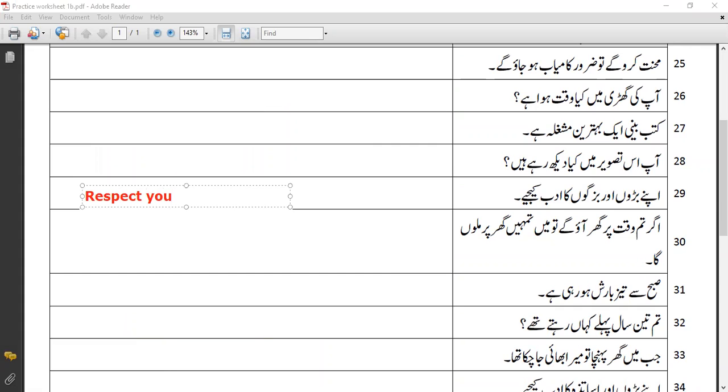Respect your बड़ों can be elders, okay, or respect your seniors and elders. Respect your seniors and elders. Any other word that's there in your mind? I think this is fine. Respect your seniors, बड़ों and elders, बुजुर्गों.